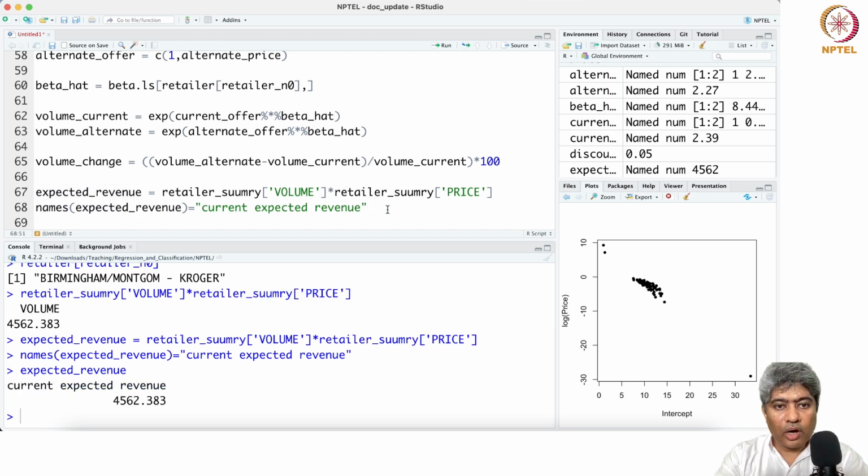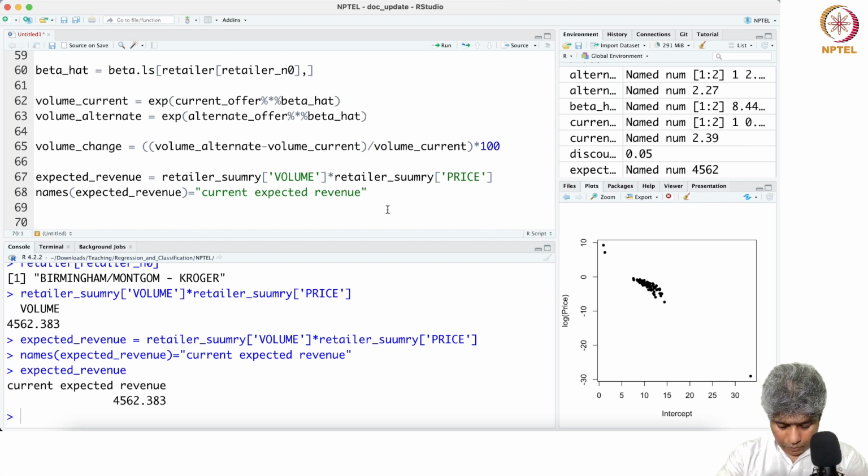Okay. Now what we will do is we will check what would be the changed revenue.